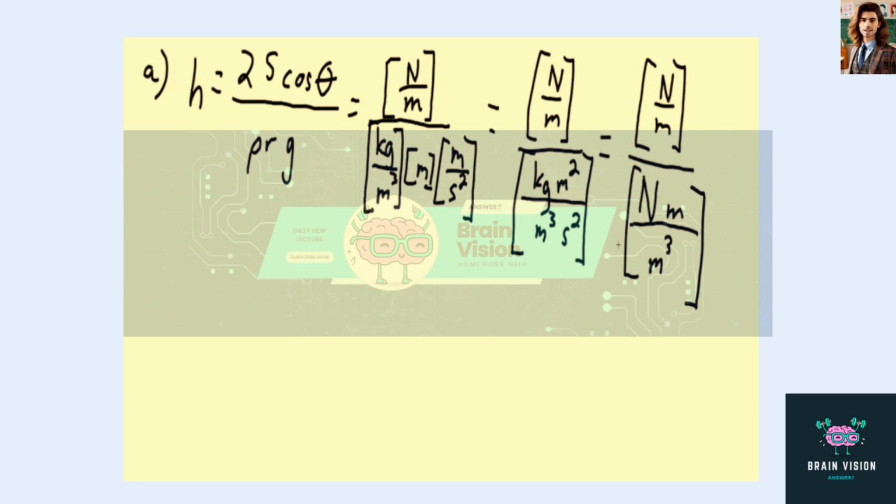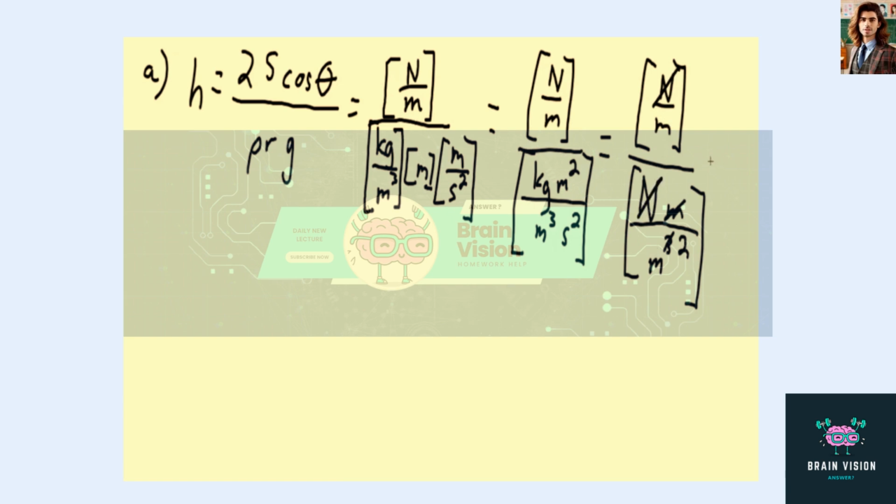All right, and so what do we got here? Well, we've got a meter over meters cubed. So we can cancel that and make this just meters squared. And now this is newtons per meter over newtons per meter squared. So newtons cancel, and we've got meters over meters squared.